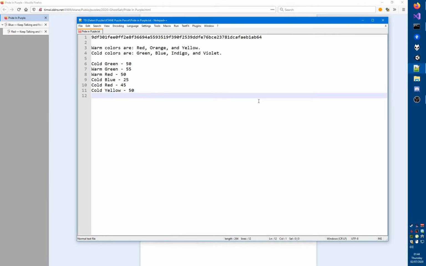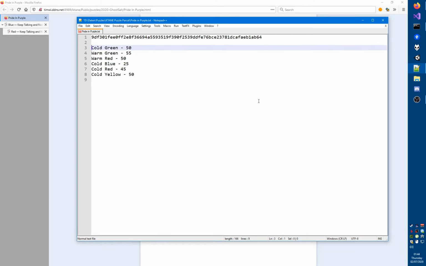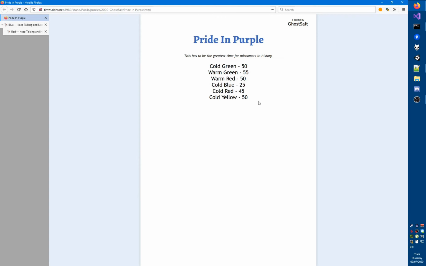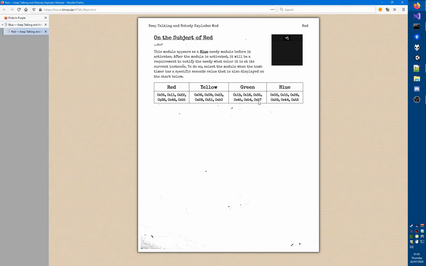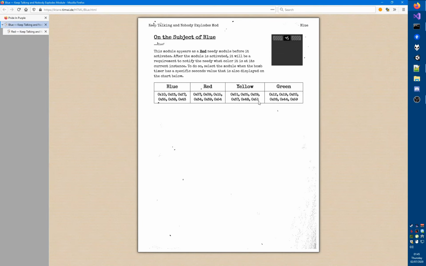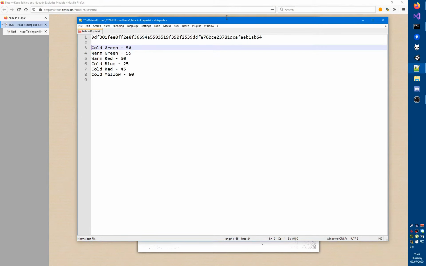So, let's see. So Flower Patch is probably not relevant, so I'm going to remove that. And I'm going to assume that cold here means blue. Although at this point, I'm not sure if that means the module that is called Blue or the module that appears blue. But let's assume that it's the module that is Blue.